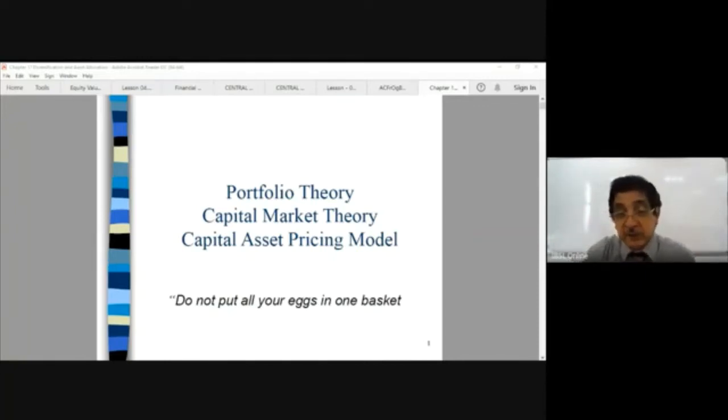Now I have seen a query where someone has mentioned that portfolio theory has to be applied to treasury portfolios also. When you apply portfolio theory to treasury assets, treasury bills or treasury bonds can be taken as risk-free assets.